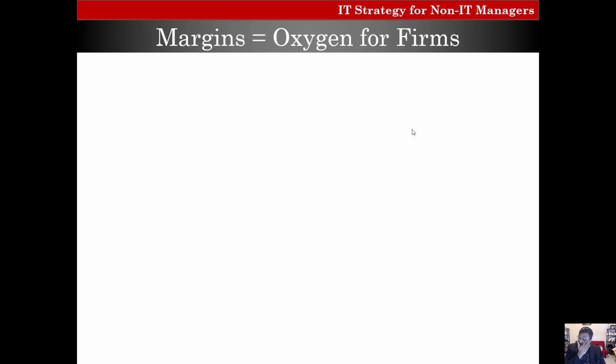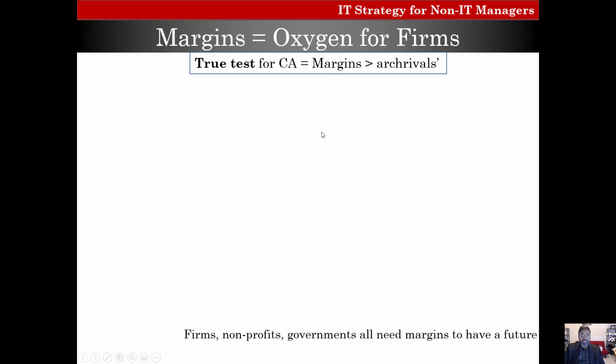Let's continue with talking about the five forces model. And what you'll find is that the impact of the five forces can be analyzed if you look at it from the viewpoint of how it affects the margins. So the true test for competitive advantage is essentially having margins which is more than your arch rivals.